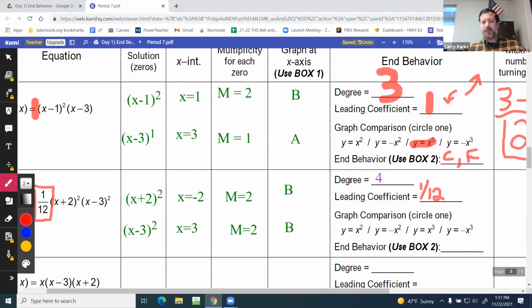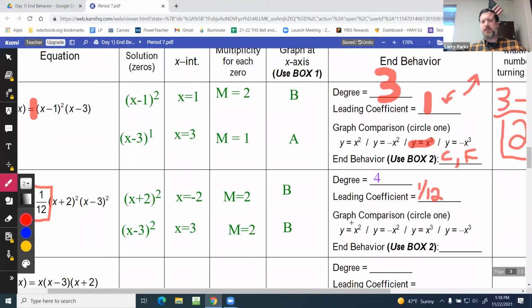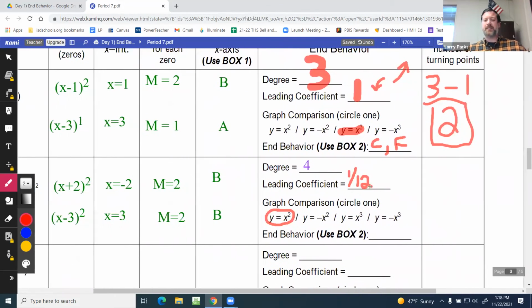Graph comparison, we're doing the 4th power, and that's positive. Well, I guess we'll compare that to x squared. That'd be the best one, I guess. Now, what's the end behavior? Since the leading coefficient is positive, it goes up on the right. And since it's even, it's going to go up on the left.